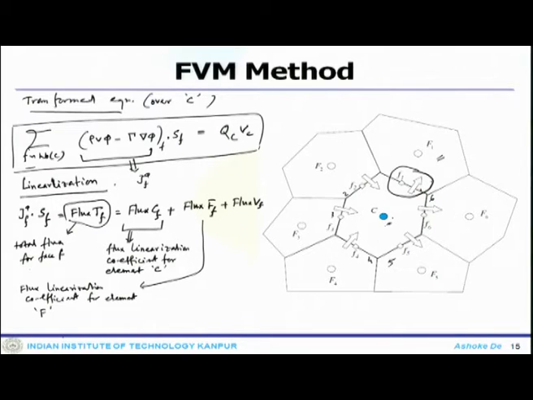So, the total flux linearization at F1 must be different from F2, but if you look at only one particular phase, again if you look at this equation where you have the total system which is integrated to the algebraic system, you have a loop over all the phases around that particular element.